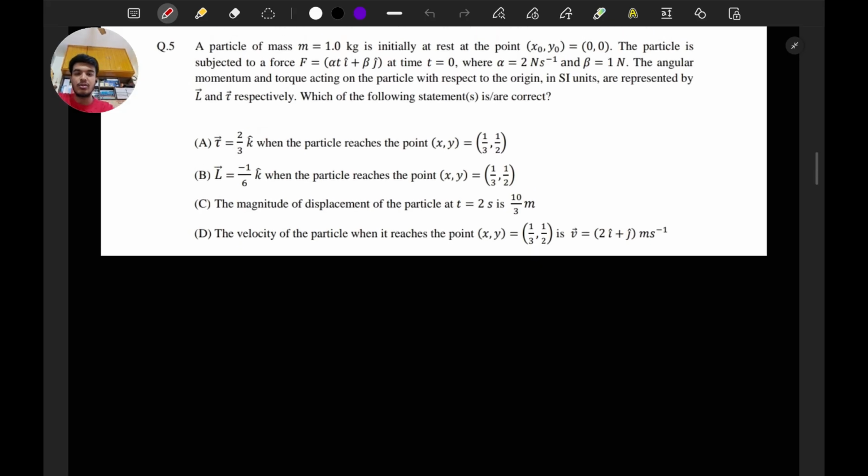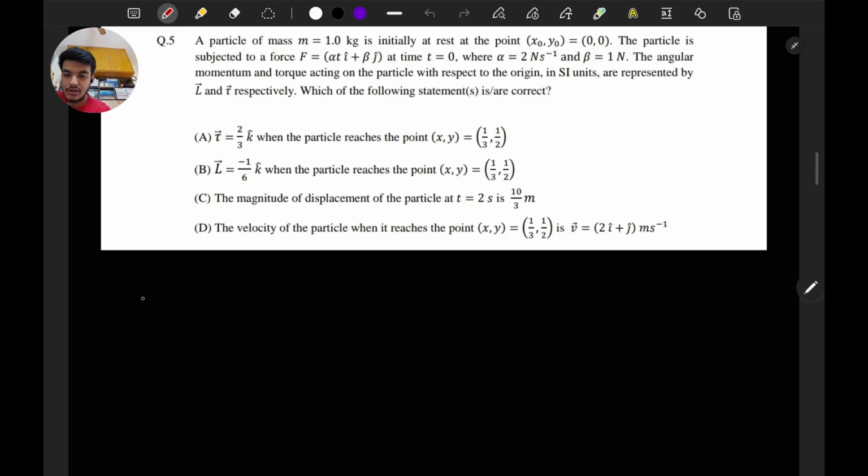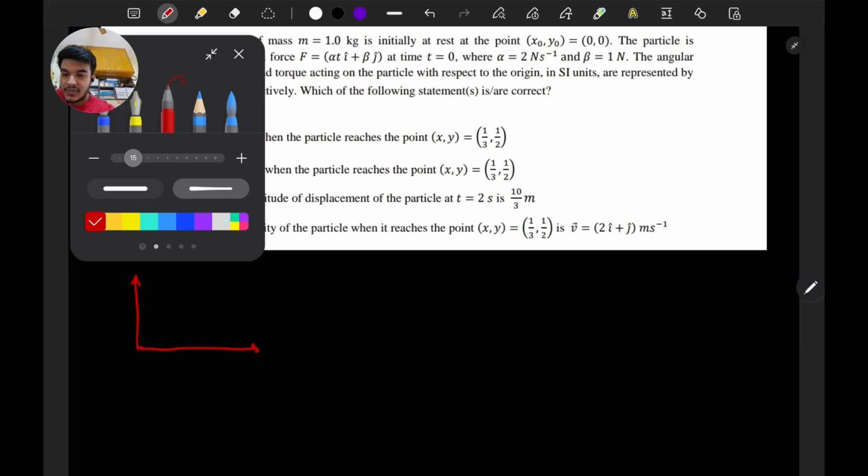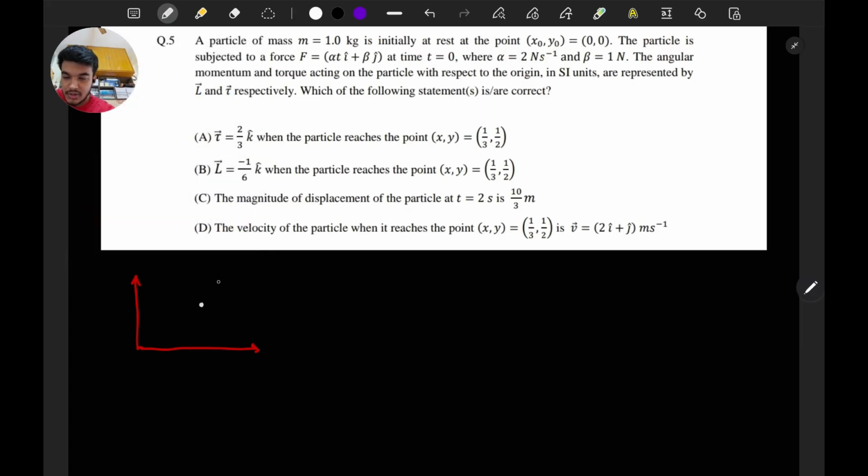Let us first draw the coordinate axes. We have been told that at time t equal to 0 a force is applied, which is a function of time. At any general instant t, let us say my point is at x comma y.